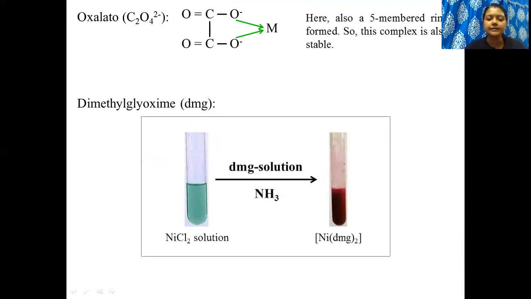The famous example of a dimethylglyoxime complex is the nickel DMG complex. When nickel chloride solution reacts with DMG solution in presence of ammonia, a rose pink colored precipitate forms. This is the nickel DMG complex.